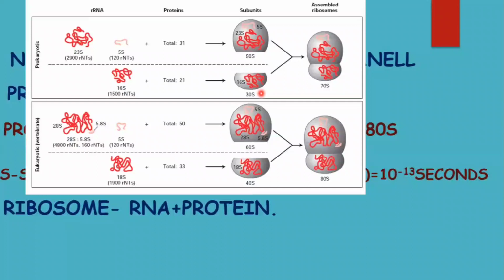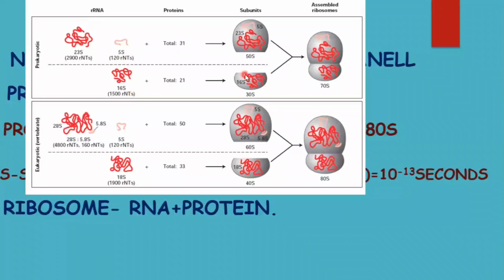Their individual sedimentation values do not get added up, because sedimentation depends upon density, molecular structure, size, many factors. So remember, the 50S unit has 31 proteins, 23S rRNA and 5S rRNA. Here R means ribosomal RNA. In the same way, the smaller unit 30S has 21 proteins and 16S rRNA.